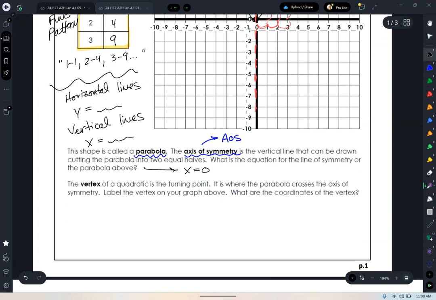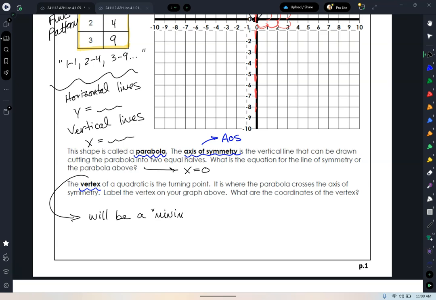Now there's a couple of other pieces of vocabulary that we want to add on to this. Let's underline this word vertex, and then swoop an arrow like that. We're going to say that the vertex will be what we call a minimum if the parabola opens up.